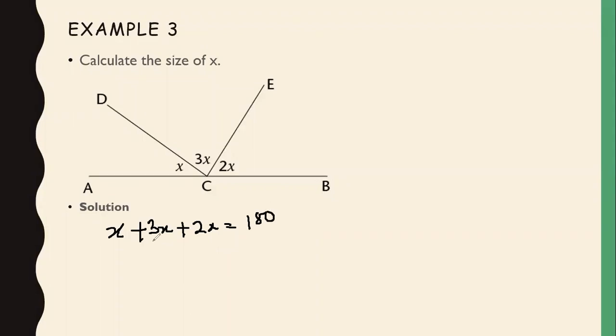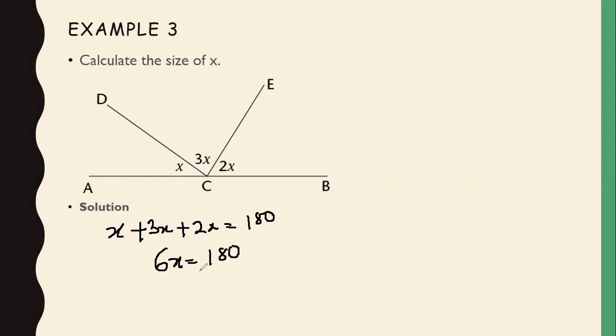Now, x plus 3x will give you 4x. We did this under algebraic expressions. I guess you remember, right? 4x plus 2x will give you 6x, which equals 180 degrees, right?